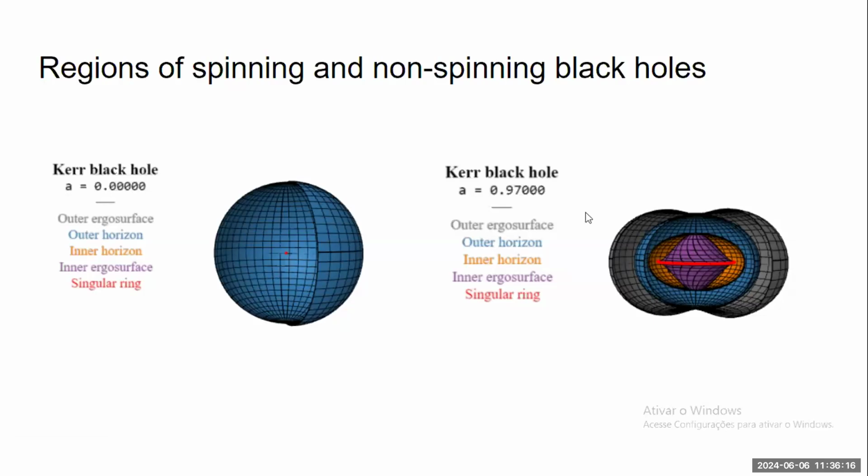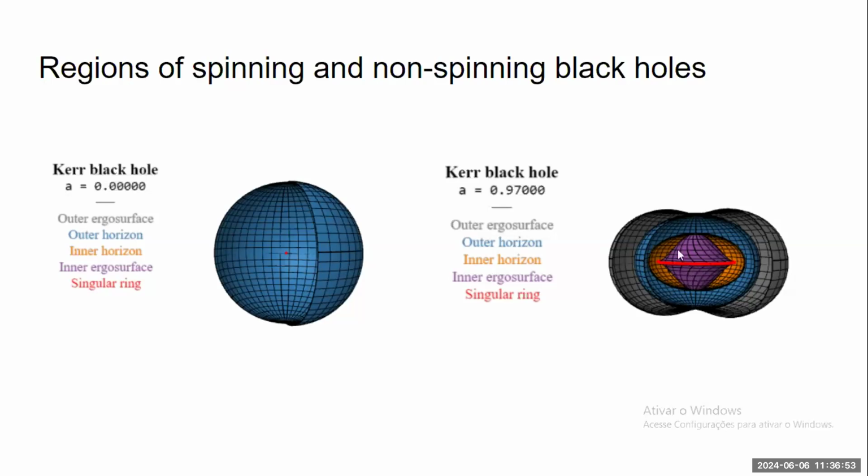In a very rapidly rotating Kerr black hole, we have all sorts of new regions, like the outer ergosphere and two other kinds of horizons, another ergo surface, an inner ergo region, and of course the ring singularity. The whole topology of singularities in this case is changed just due to rotation.